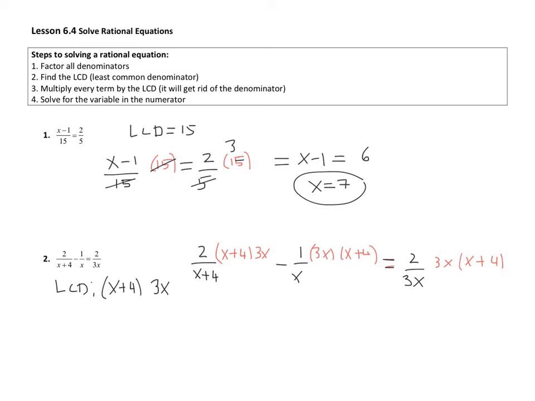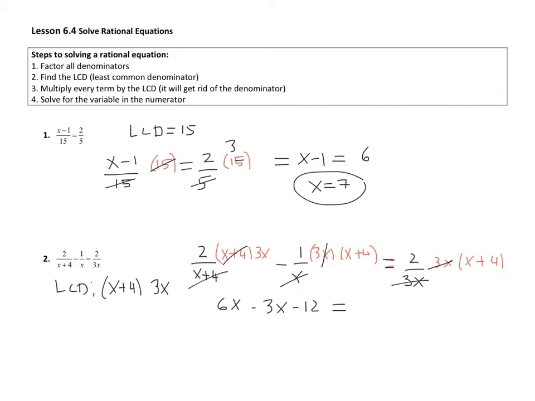Let's see what we can cancel out. Here we are left with 6x. This is gone, so I'm left with minus, and I need to distribute the 3, so this is minus 3x minus 12 when I distribute the 3 into the x plus 4. And then this is gone.